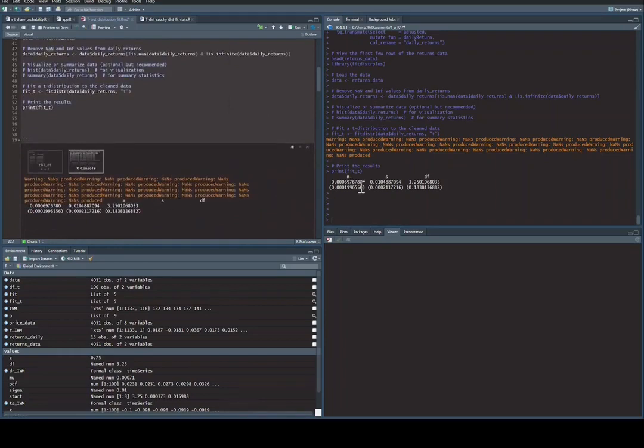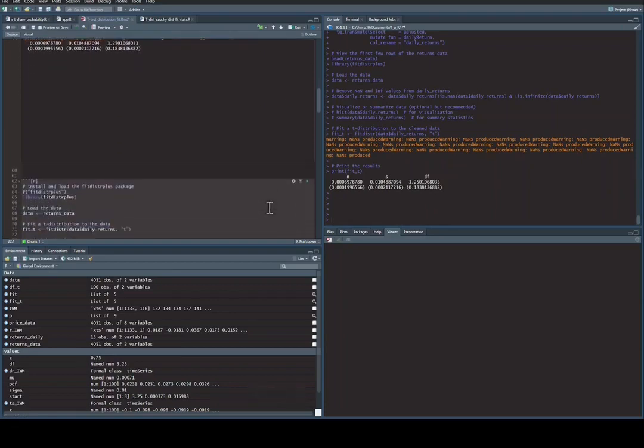You can see over here the median and mean on daily returns, 0.0069, 0.007, 0.0007, and the standard deviation is 0.015, rounded off, and the degrees of freedom is 3.25.